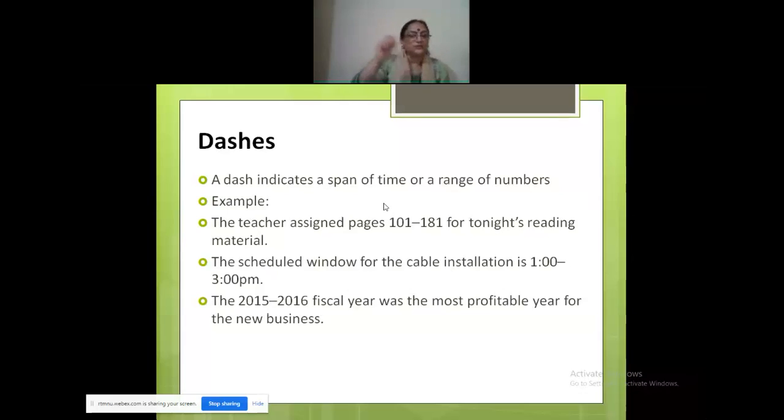So wherever you are giving a range, dash is used. And the range can be in terms of numbers, time, year, decade or anything. So dash is there.